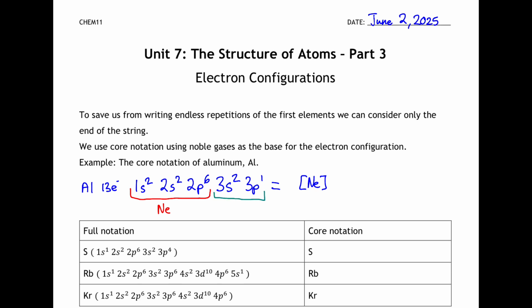Those are what comes next. So this is going to be 3s2 and 3p1. So aluminum is neon plus 3s2 plus 3p1. That's just a way for us to save writing so much repetition in these kinds of structures, and so we can be a little bit less full-page nonsense.